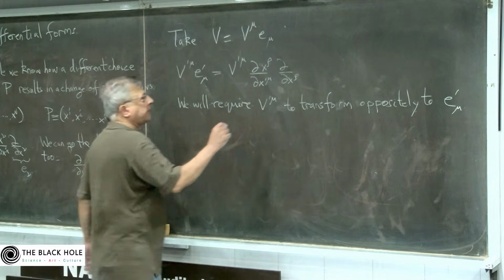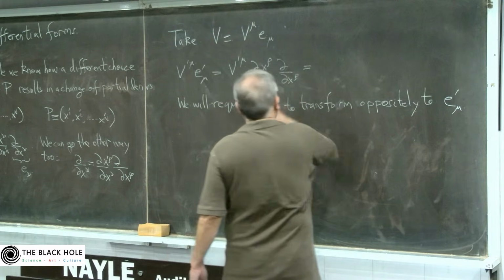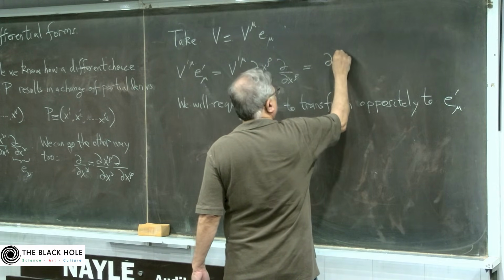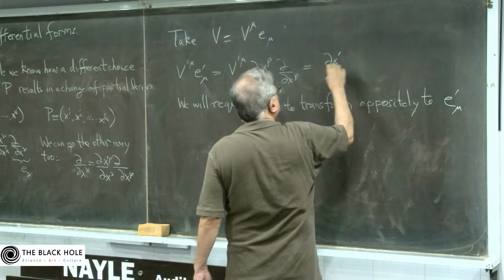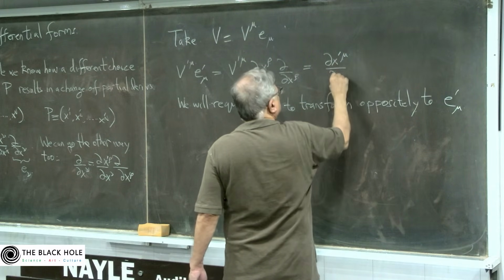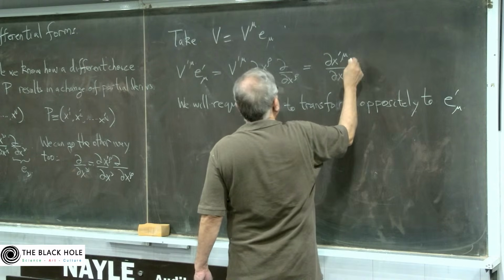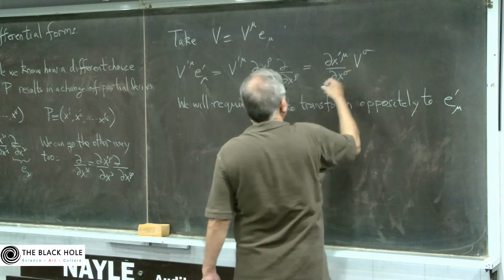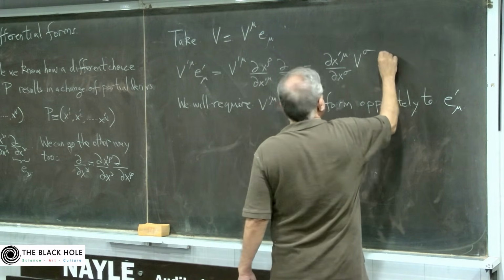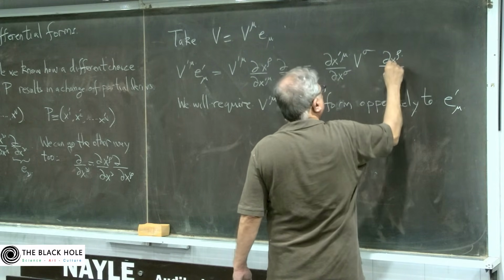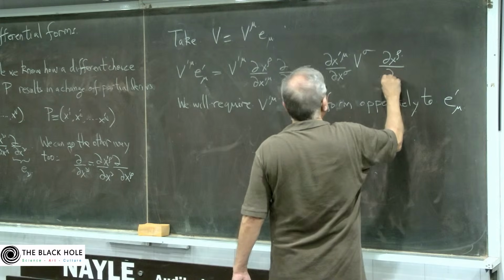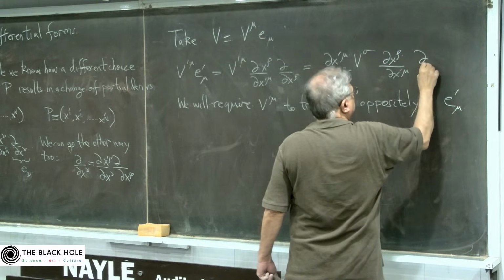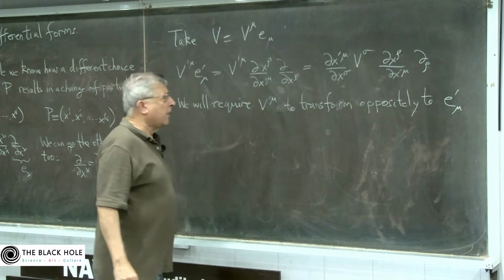In that case, to continue this over here, this will be, and then I will write this as it is, dx rho by dx prime mu, d rho is just d rho.